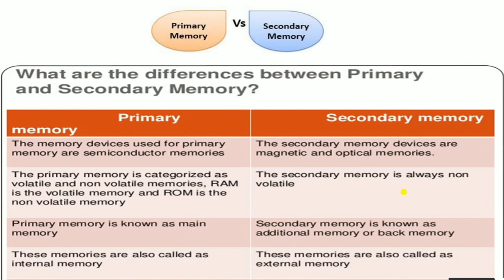Primary memory is known as main memory and secondary memory is known as additional memory, backup memory or external memory, while your primary memory is internal memory because it always remains inside the CPU. You cannot carry it anywhere outside while storing your data, while you can carry secondary memory anywhere after storing your data. So this is all about primary and secondary memory.